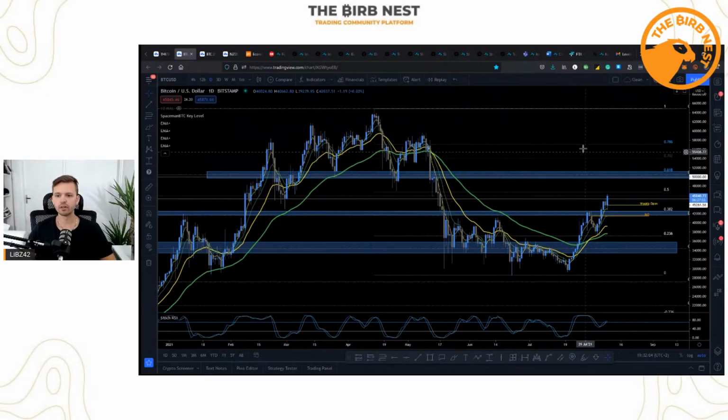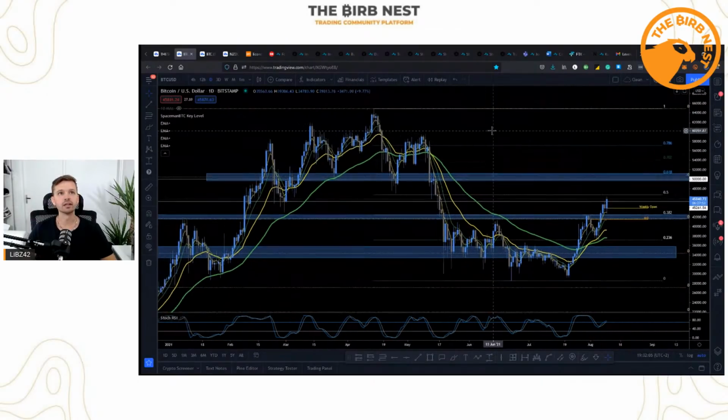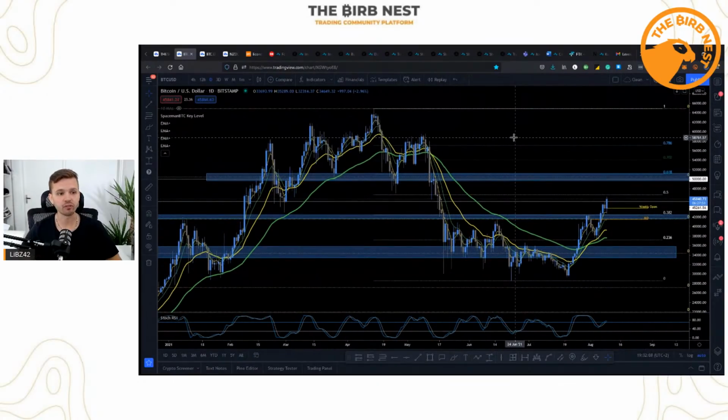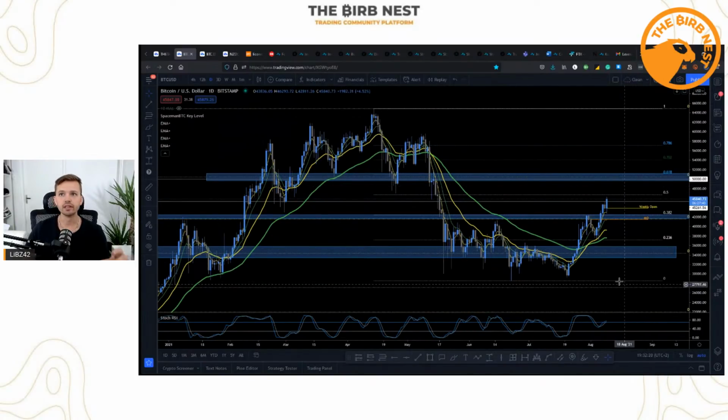People who follow me on a regular basis know that the two moving averages that you see on the chart right here are the green 50 EMA and the yellow 50 EMA. They're from two different time frames. The thin lines are from the 4-hour, and the thicker lines are from the daily.